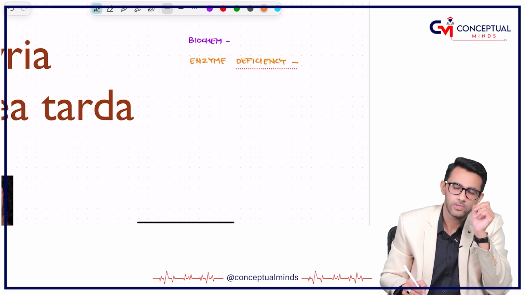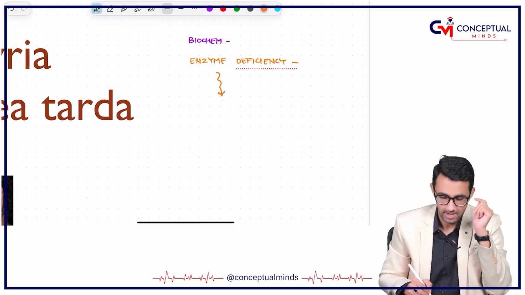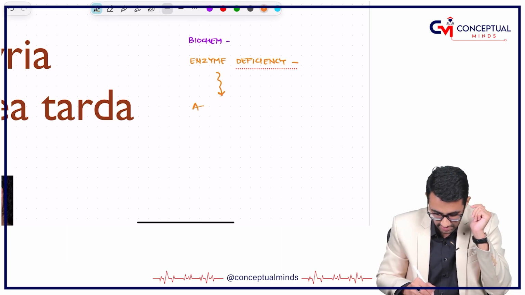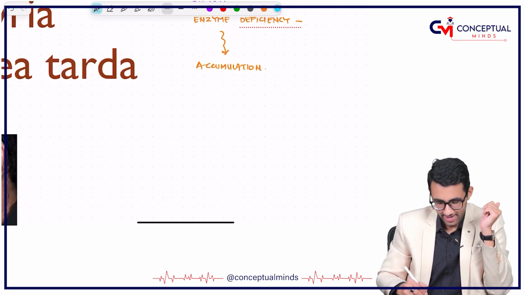Because of this enzyme deficiency, we will have an accumulation of some particular product. Anybody know what that is? It's in the name, right? It is the porphyrins.